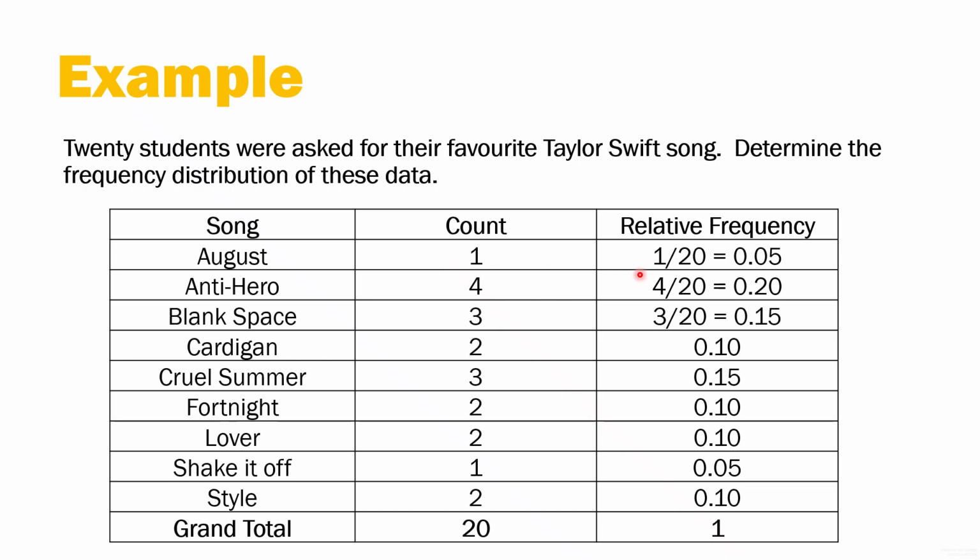One person out of a total of 20 equals 0.05. Now, Anti-Hero, 4 people said that was their favorite song. So 4 people divided by the grand total of 20 is equal to 0.20. And so on from there. I didn't show the work for all of it, but when you add them together, they should add up to 1, just as if you had made this into a percentage, the percentage would add up to 100.